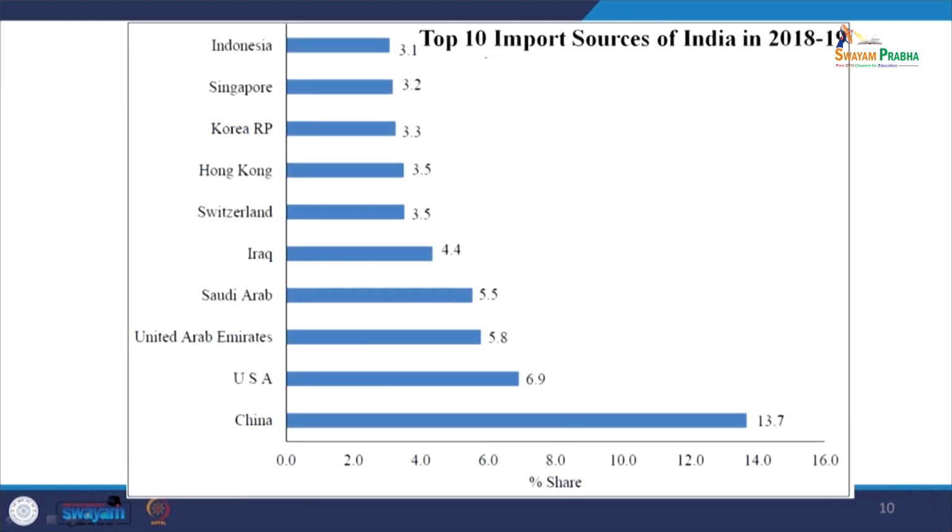Similarly, if you try to understand the top 10 import sources, where we import from and where we depend, very ironically we are exporting much higher to China, and we are importing from China as well. We export a higher amount to the US and also import from the US, similarly the UAE. It seems as if our dependence on those countries is much higher. Now look here, Nepal vanished; our dependence on Nepal is not there.